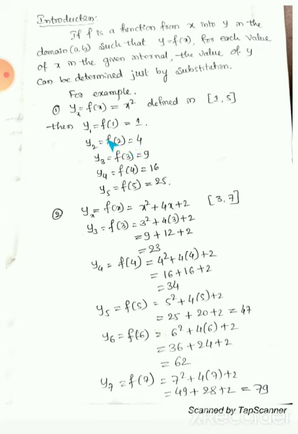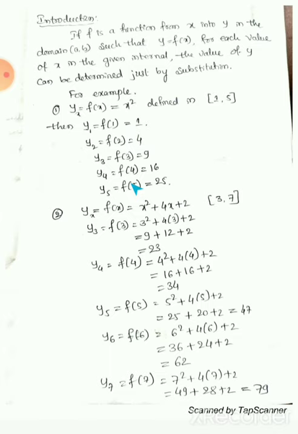For example, y is equal to x square, or you can write f of x is equal to x square, defined in a domain taken from 1 to 5. Therefore, you can calculate the functional value at 1: f of 1 is equal to 1. f of 2 is equal to 4, means here in this function, if x value is 2, you will get 4.